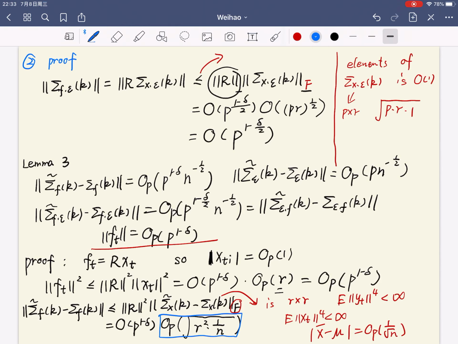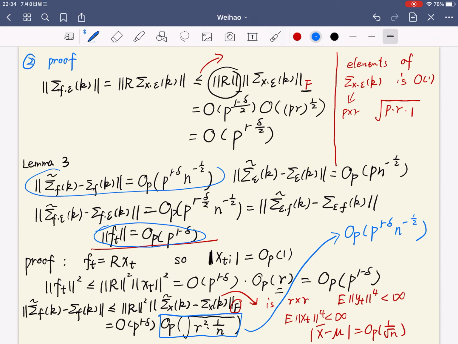Combining these two big O notations, we got the result. In this page, we show the fifth one and first one.